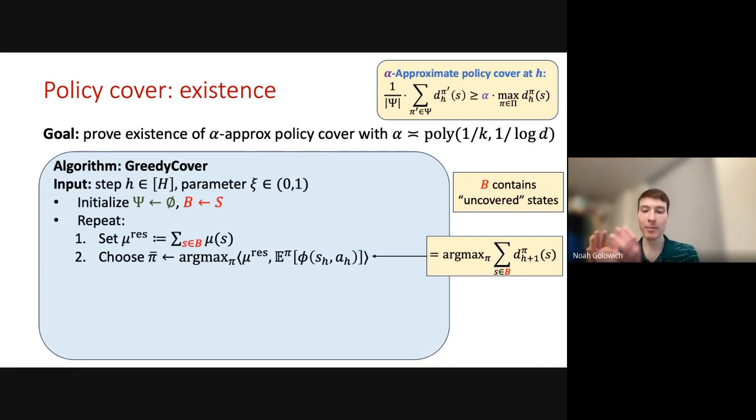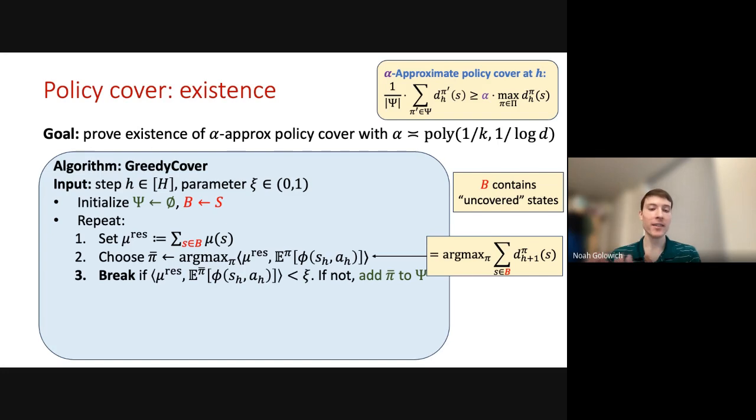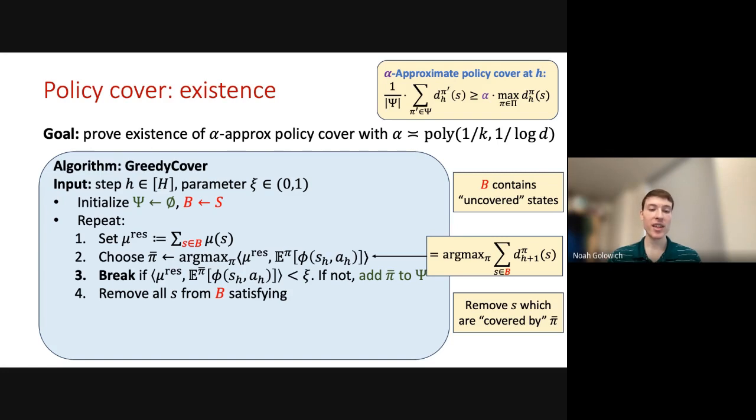We're just choosing a policy to maximize the total uncovered mass so far. Now, if the total uncovered mass is small, if it's less than this cutoff c, then we're going to break. At this point, we've covered most of the state space, and we're going to ignore the rest. If this break condition does not hold, then we're going to add the maximizing policy pi-bar to the cover psi, and then we're going to proceed.